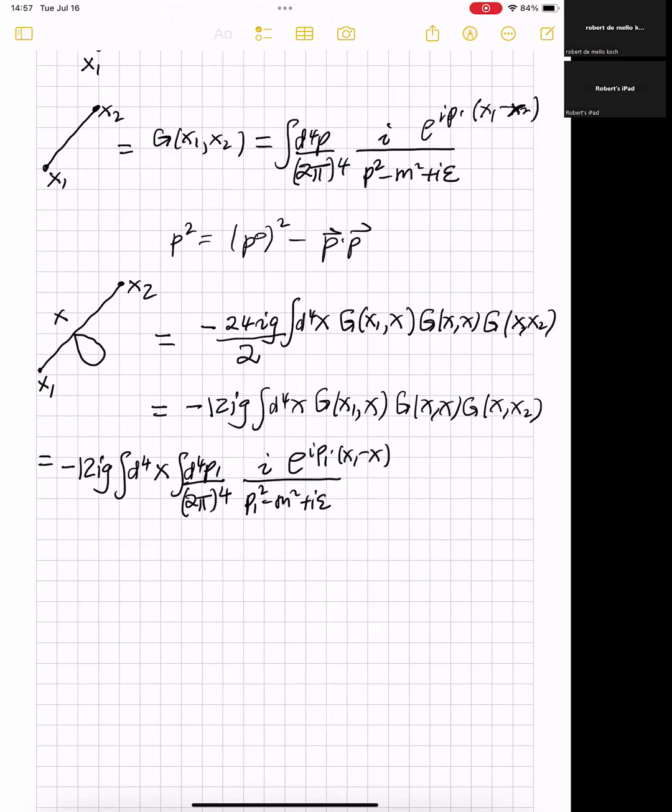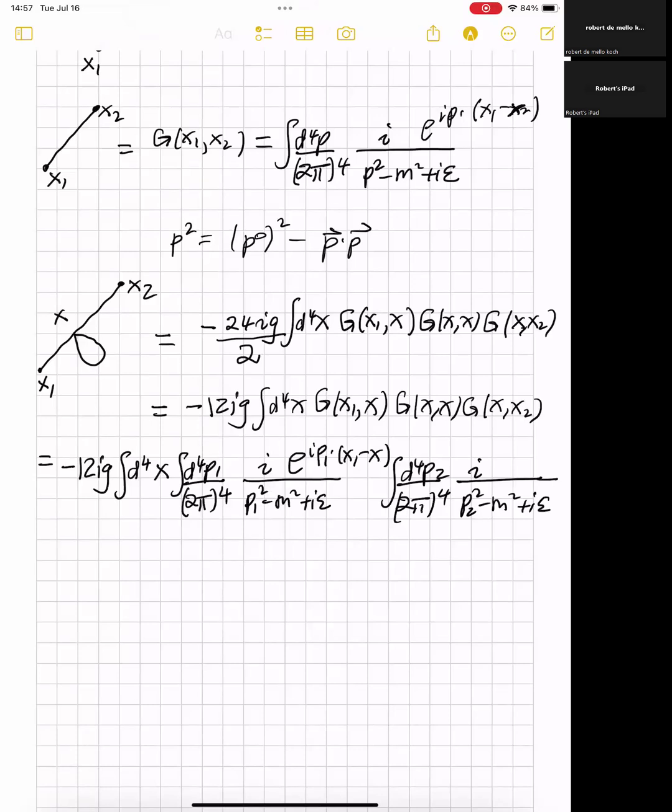Good. Then for the g of x comma x, let's write integral d4p2 over 2 pi to the 4, with i over p2 squared minus m squared plus i epsilon.